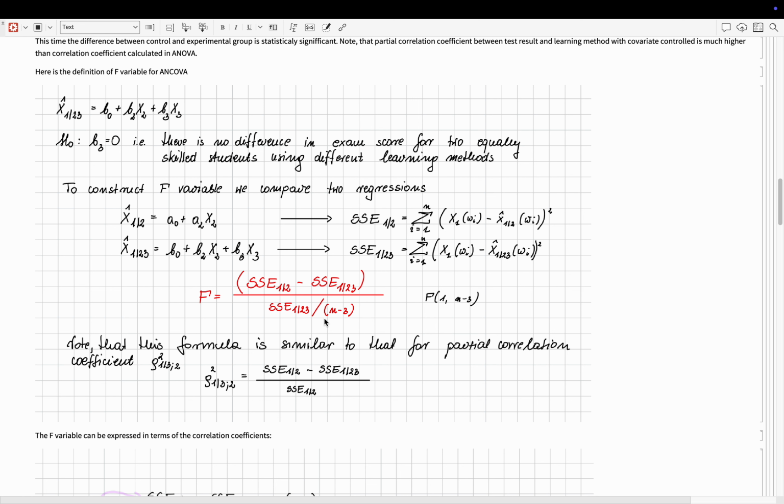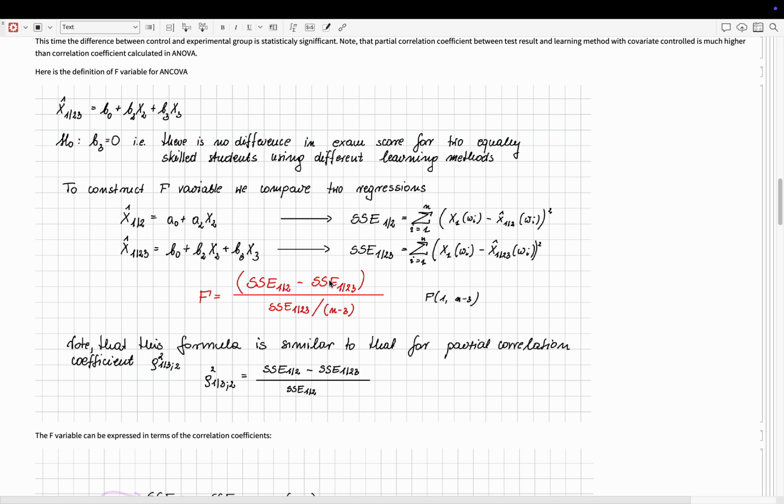In the denominator, there is the usual formula: number of elements in the sample minus the number of parameters that were determined, and we have three parameters: the intercept and two slopes.